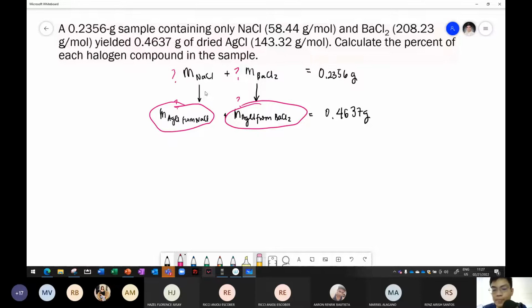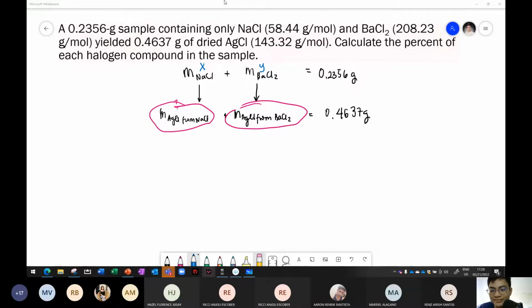Okay? Now, how will you begin with the solving? So, syempre, I need to establish the relationship of NaCl and this one. Okay? I need to show the stoichiometric relationship of the two. So I will let my NaCl as unknown X and barium chloride as unknown Y. Biglang ganun eh.